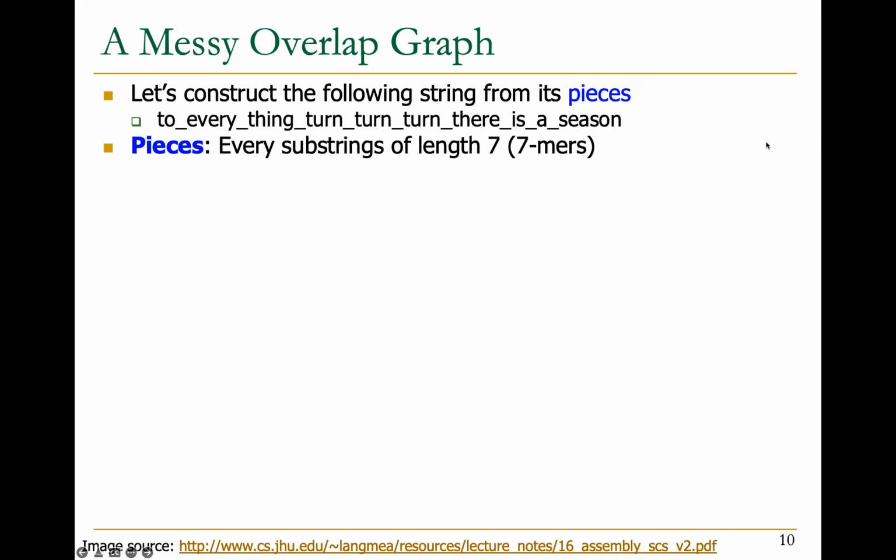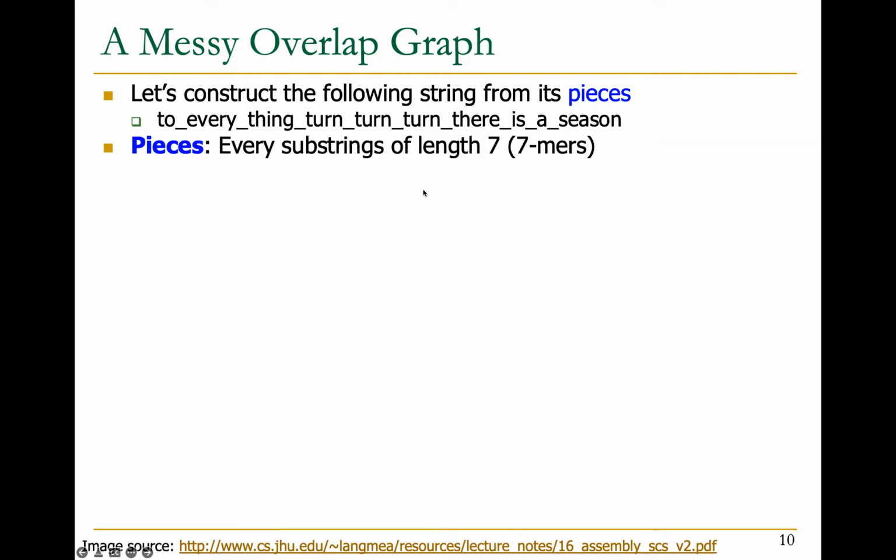Assume that the pieces the sequencing technology produces are every substring of this genome of length 7, which we refer to as 7-mers, if you want to use the k-mer jargon. So we have every substring of this entire string, and then we want to construct the string from the substrings.